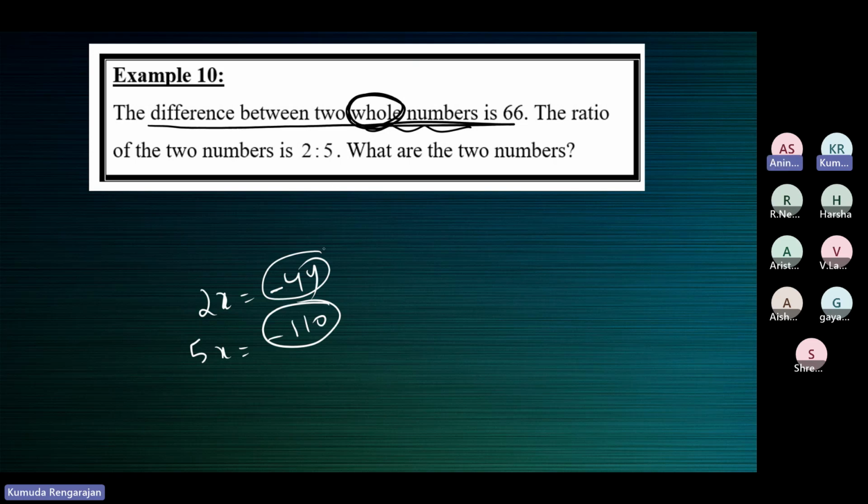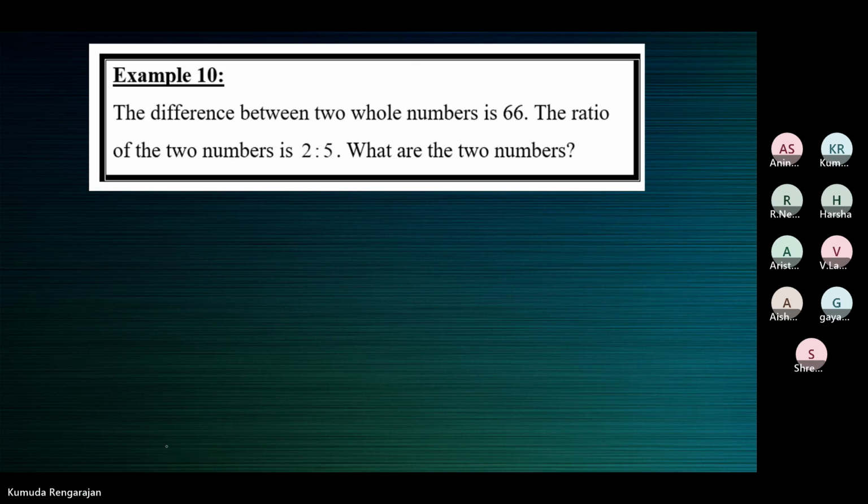You constructed the equation correctly. You got the value of x, but then the answer is not correct. The answer is minus 44 and minus 110. These two numbers satisfy the condition, meaning the difference is 66, but they're not two whole numbers.